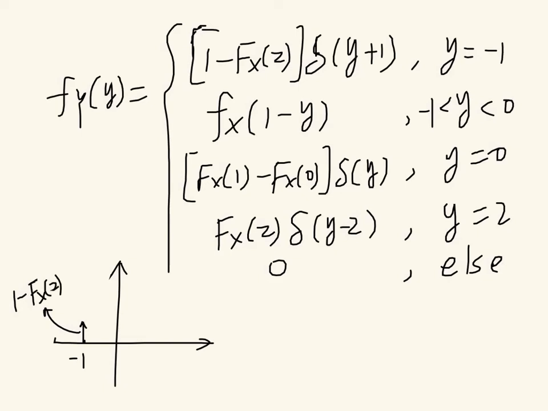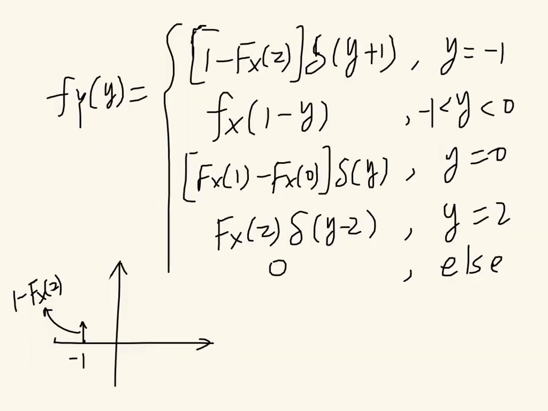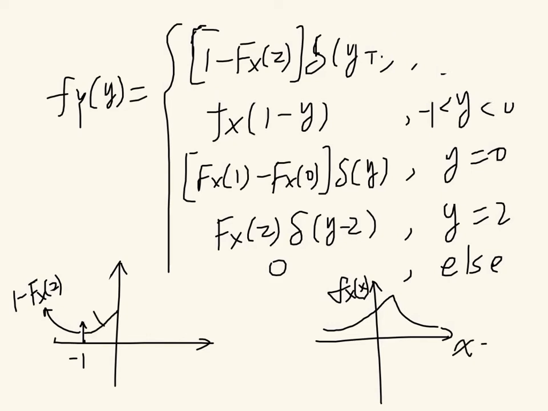And between minus 1 and 0, it should be F_X(1 minus y). F_X is like this, so F_X(1 minus y) should be like this.